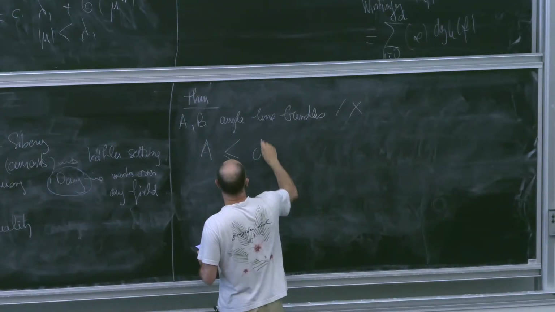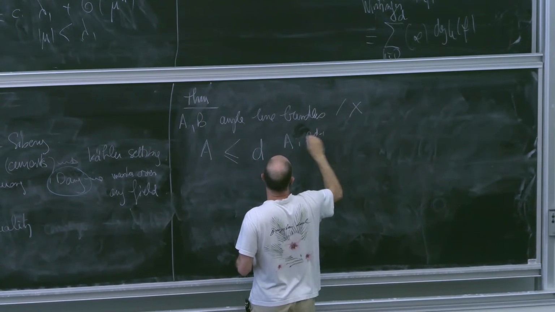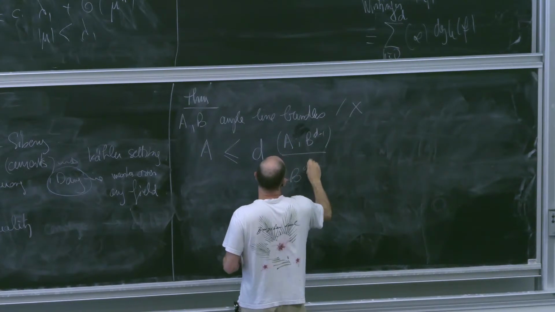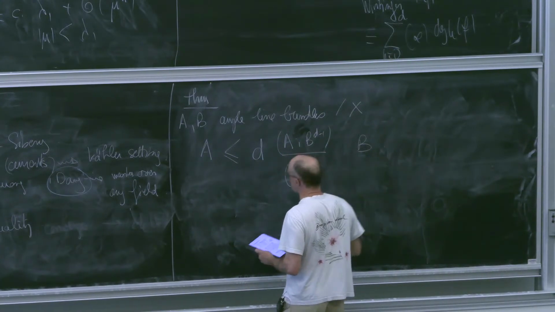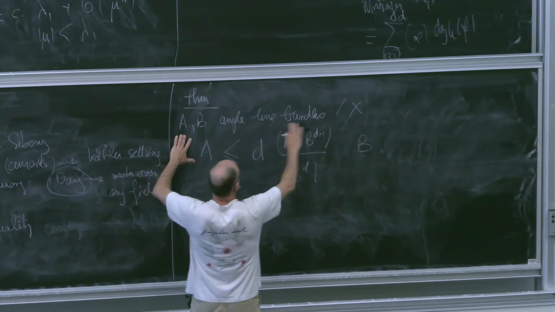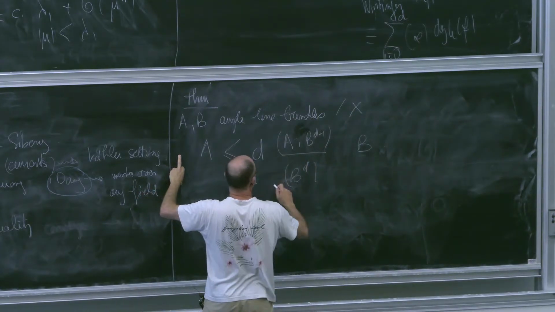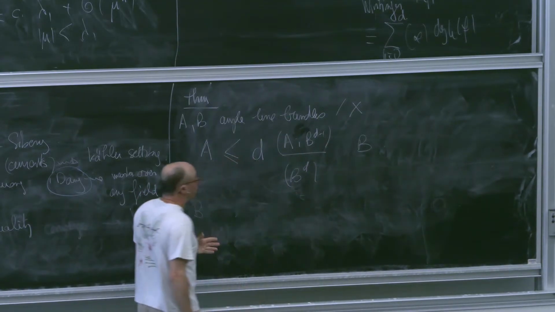So A is less or equal to A times B^(d-1) over B^d times B. Boom. Okay, fine. So what does it mean? It means you take any two ample line bundles. Then if you look at this number, let me call this number T. This is a rational number, right?